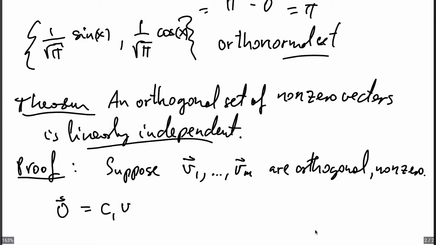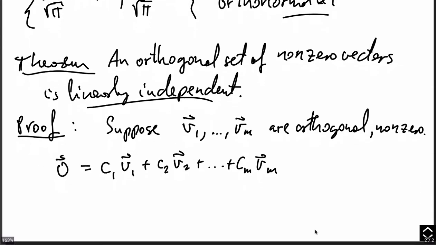So that means c1 times v1 plus c2 times v2 all the way up to cm times vm. So how can we get a zero linear combination?